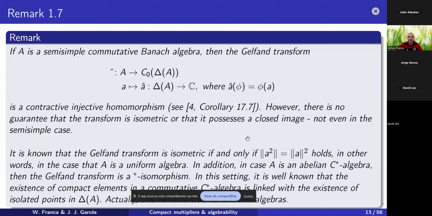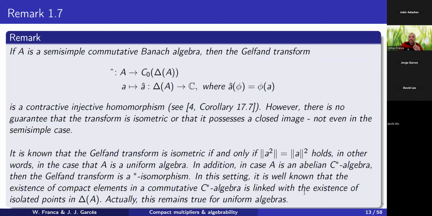Besides, in case A is an abelian C star algebra, the Gelfand transform is a star isomorphism. As I have mentioned before, abelian C star algebras are essentially spaces like this. Let me see what else I should mention. Oh, another point. In addition, the existence of compact elements in commutative C star algebras is linked with the existence of isolated points in the spectrum.